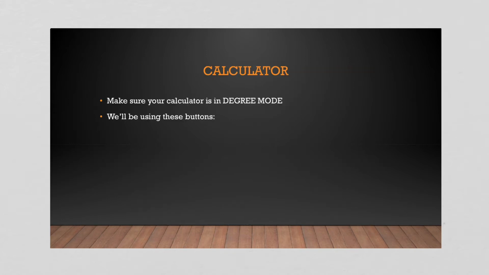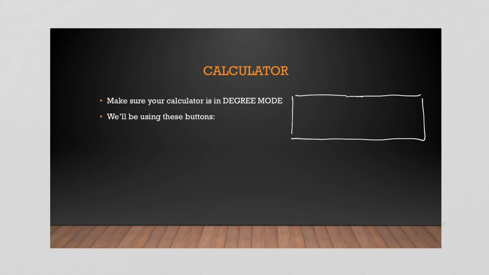The first thing you need to be careful of is to make sure that your calculator is in degree mode. At the top of your calculator screen, for most of them, you'll see either the word deg for degree, or you might just see the letter D. But you need to see that.